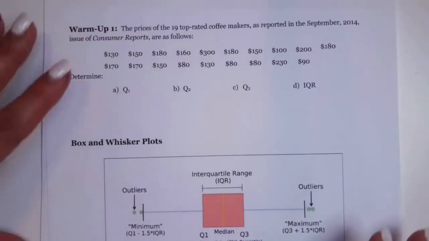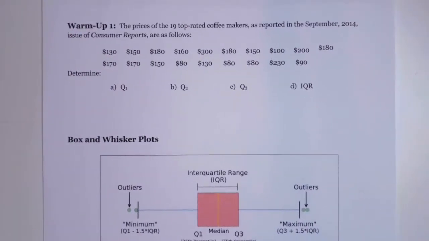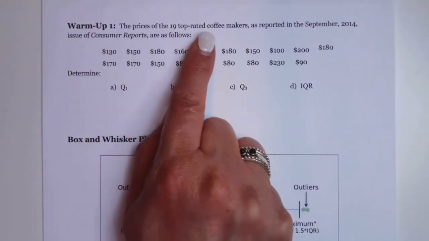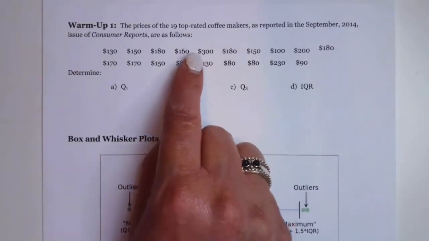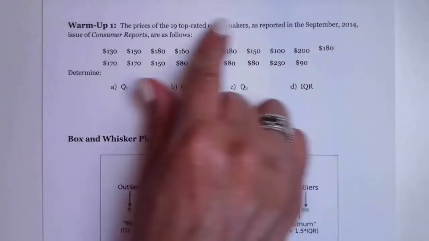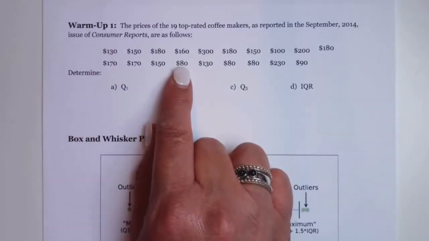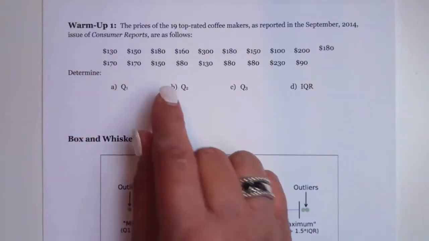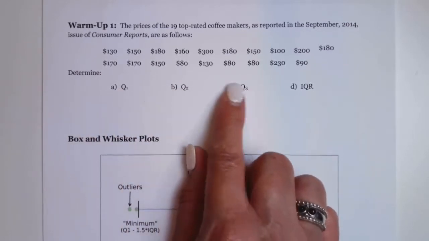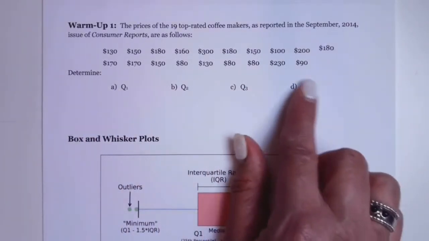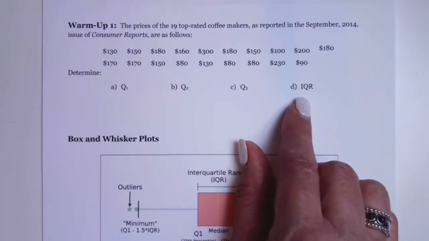Okay, next. We're going to look at the 19 top rated coffee makers. So here are their prices. We're supposed to determine the first quartile, the second quartile, the third quartile, and the IQR, which is the interquartile range.